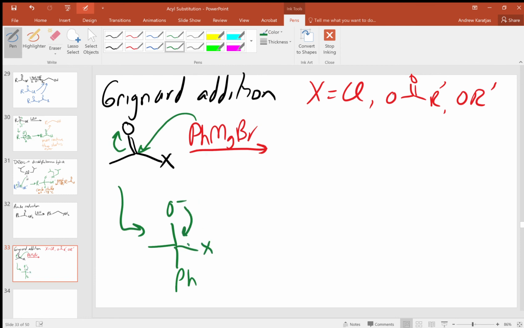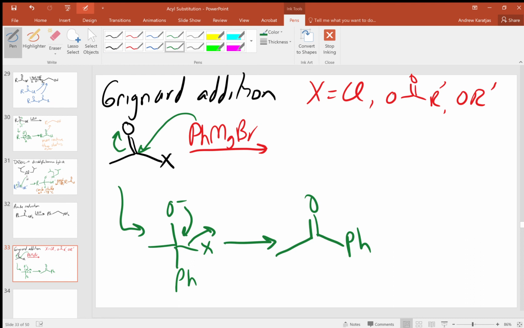The tetrahedral intermediate breaks down, and we lose the leaving group. So at this point, not only are the three mechanisms similar for the three different functional groups, but the three mechanisms are identical, because once that leaving group is gone, we've got a ketone.